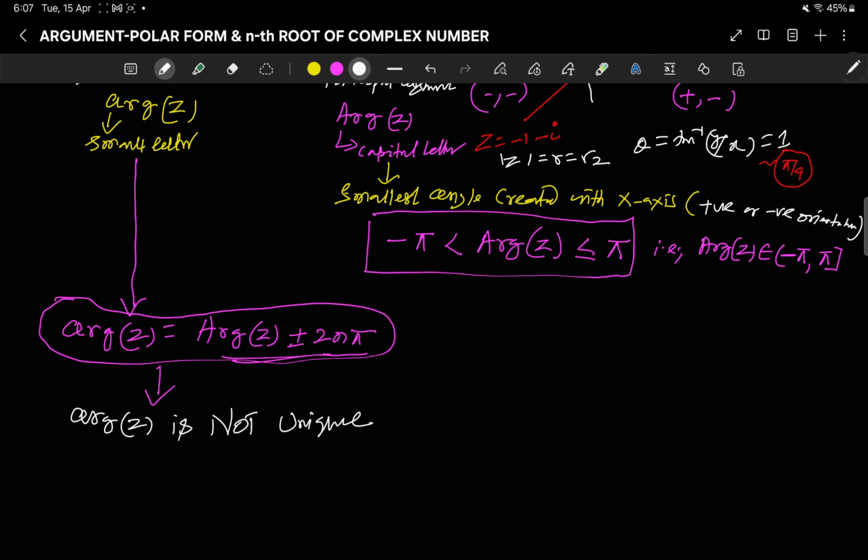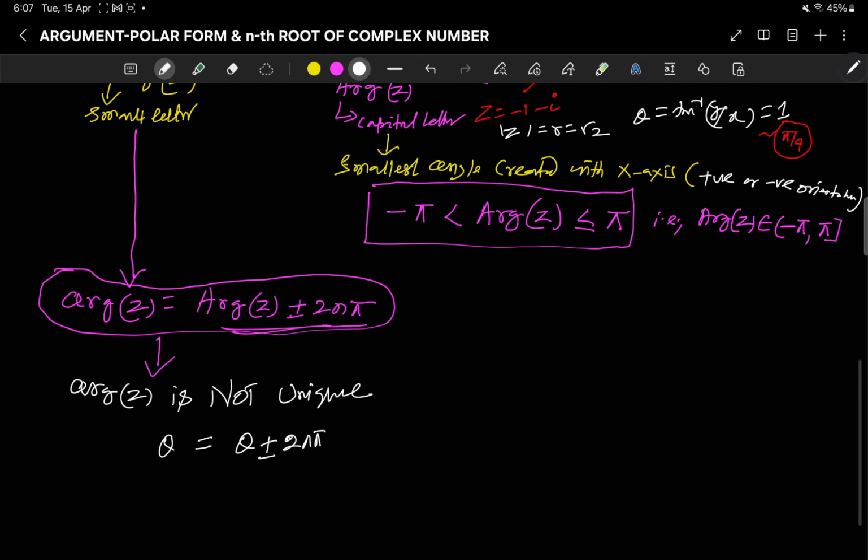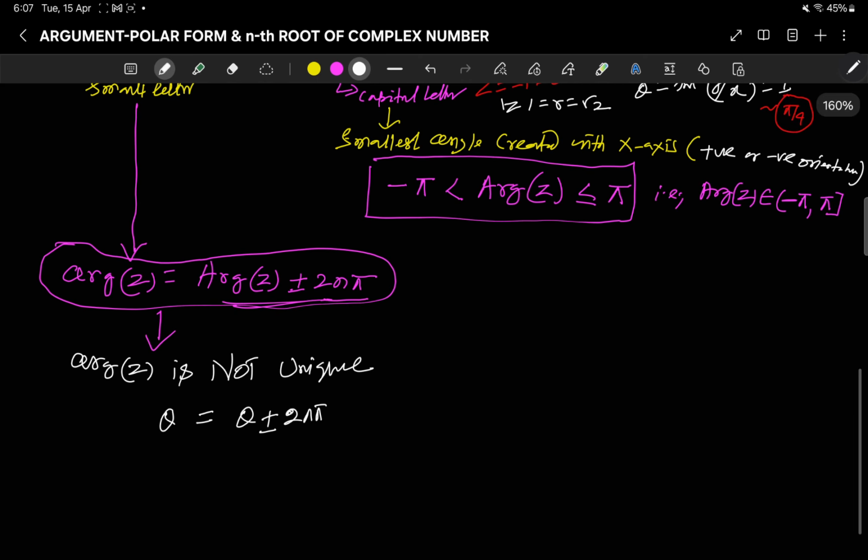If theta is an argument, then theta plus 2 pi is also an argument, so theta plus 2n pi, and we can write it so, where n belongs to the natural numbers including 0.